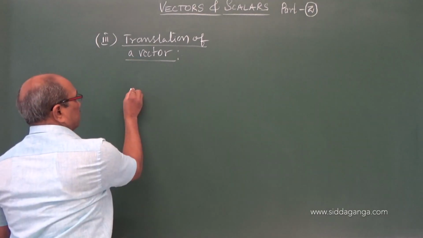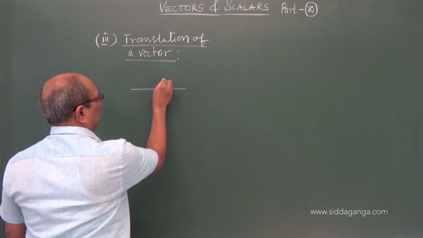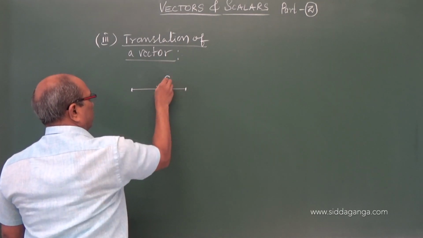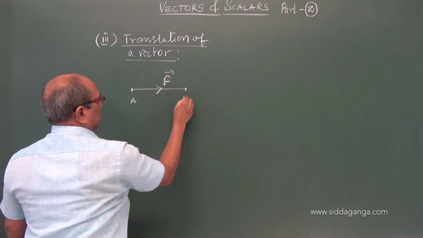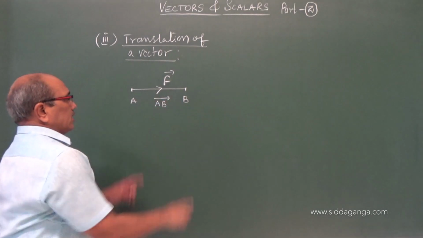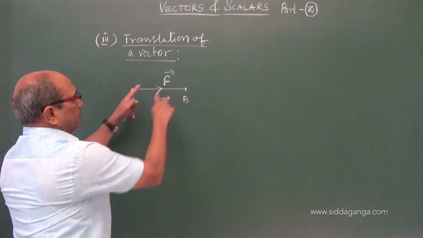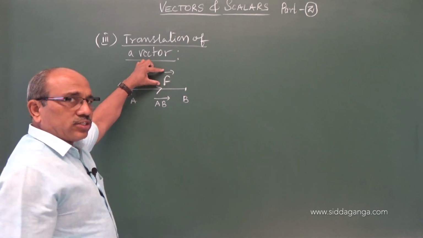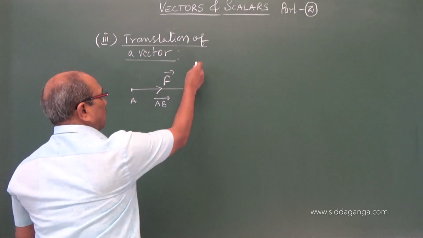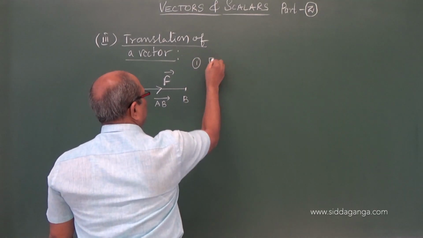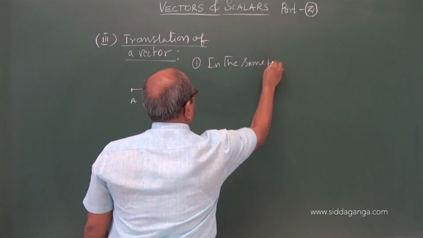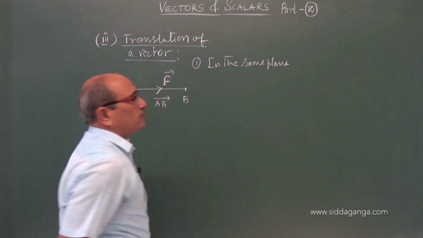Suppose you have a vector here, the vector A, with some magnitude, the vector may be F. It has magnitude AB, length, and arrow direction; I denote the vector as F. Translation means, condition 1, you can transfer it in the same plane.